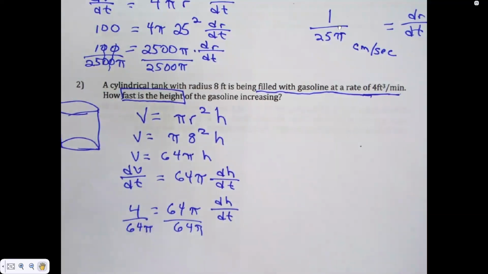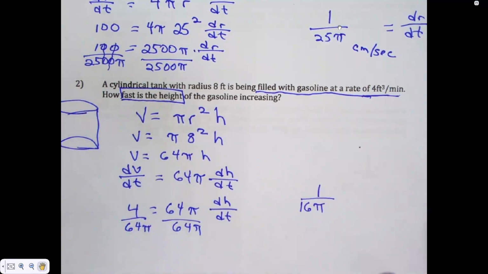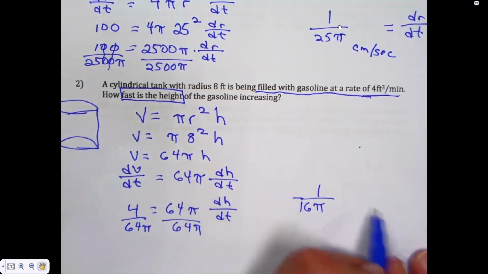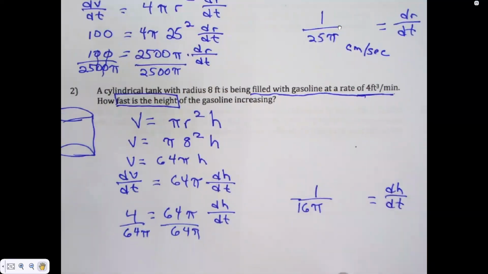We can reduce, okay? WebAssign will take that, but we can reduce. 4 goes in there once, and then 4 goes in there 16 times. And then don't forget pi is actually on the bottom, so just be careful when you're typing it into WebAssign. We're not used to that. And that's it. That's the rate of the height.